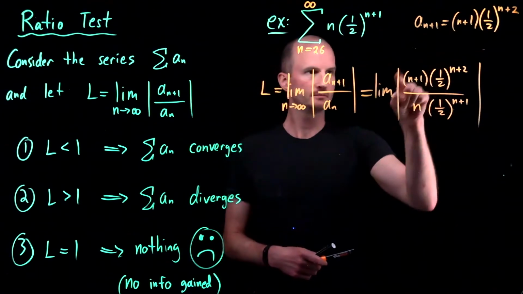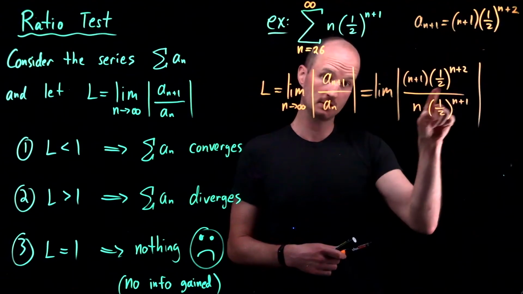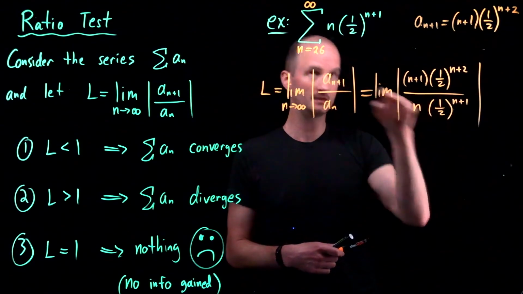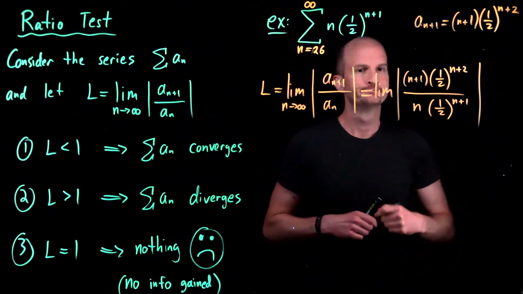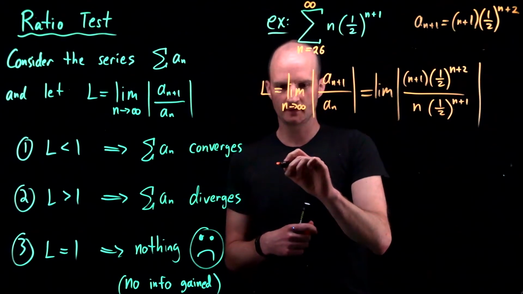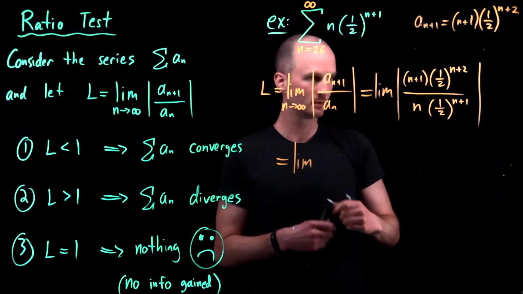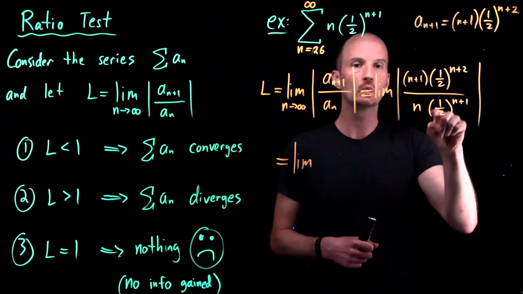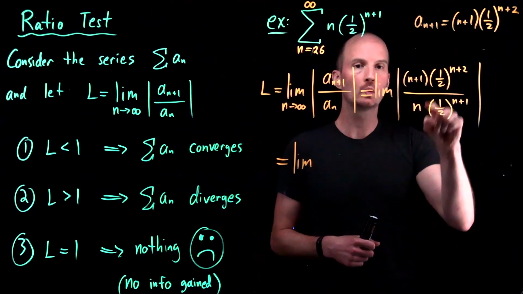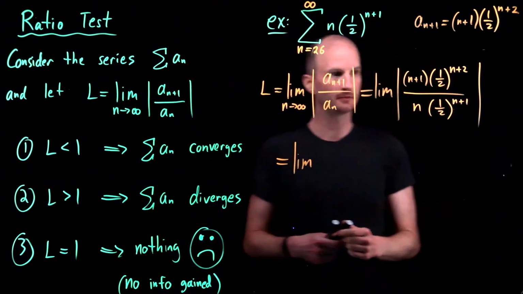So again, we have a_(n+1) divided by a_n. You'll notice this is exactly this. Then we do some fancy simplification. I'm going to put these two factors together, and I'll put the factors involving a half together.